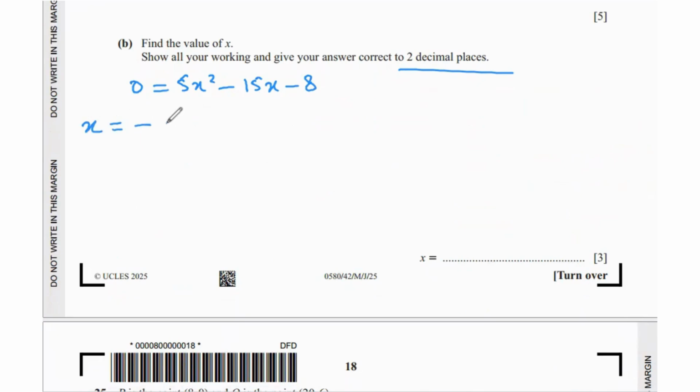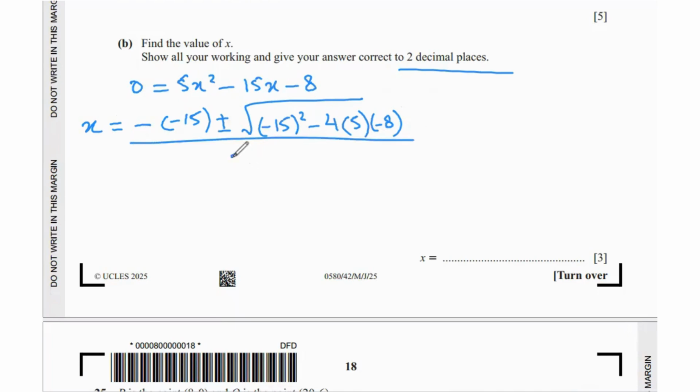So x equals negative negative 15 plus minus root of negative 15 squared minus 4 times 5 times negative 8, divided by 2 times 5. If you're someone who doesn't know what a, b, and c are, a is the coefficient of x squared, b is the coefficient of x, and c is the constant. You always write your signs with the numbers. If it's negative, you write the negative sign. You don't leave it out. That's why 15 was negative 15, not just 15.